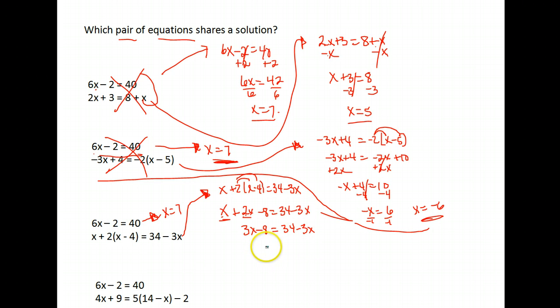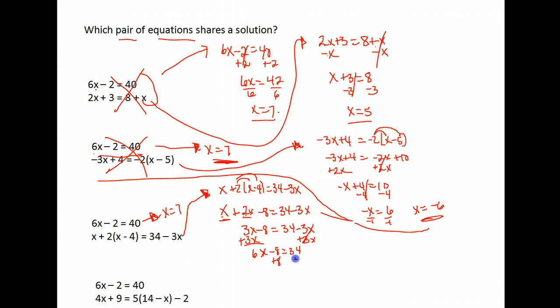I want to get my x's on the same side. So here I have a minus 3x. If I add 3x, that would cancel. And whatever I do on one side, I have to do on the other. So I add 3x. 3x plus 3x is 6x. So I have 6x minus 8 equals 34.